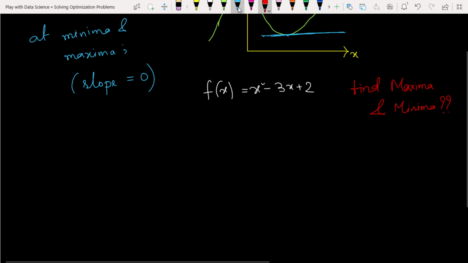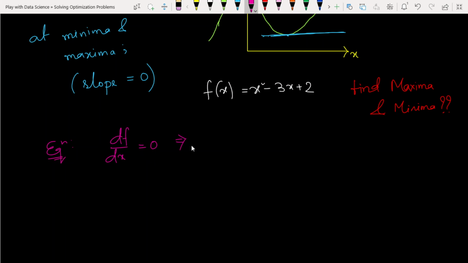To find them, we first have to differentiate our equation. So del f by del x will be 0, meaning our slope is equal to 0. So the differentiation gives df by dx equals 0, which means 2x minus 3 equals 0.